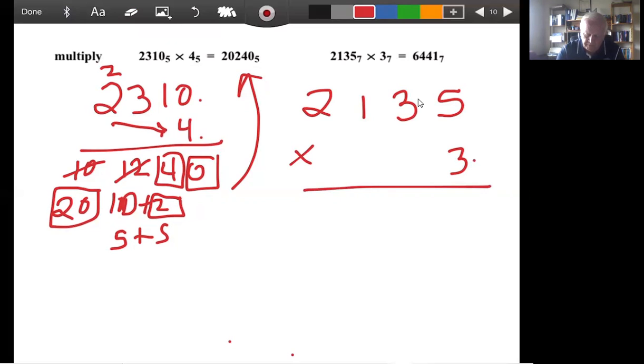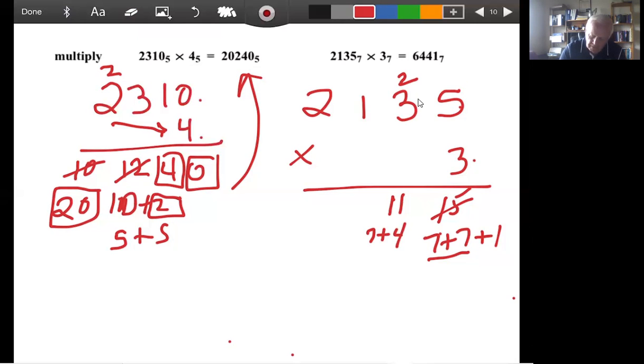Okay, 3 times 5 is 15, which is 7 plus 7 plus 1, which means we're going to bring these 2 7s over here. 3 times 3 is 9, and 2 is 11, which is a 7 and a 4. So we're going to keep the 4. We're going to keep the 1. We're going to keep the 4. We're going to bring the 7 over here.